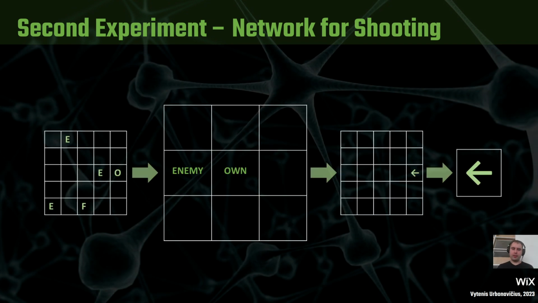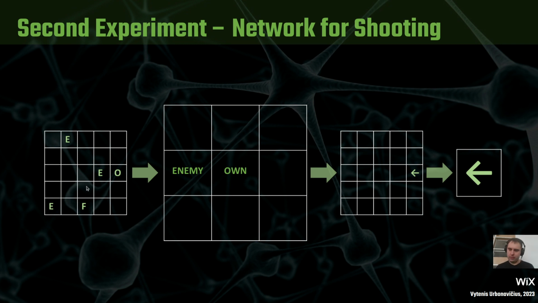So I imagined that if I provide the situation to the neural network in a similar form like an image, and I would mark cells of the map where I am, this is the letter O, where enemies are, letter E, and where friends are, I wanted my neural network to come up with such filters that it would be able to find situations where my controlled creep is next to the enemy creep.